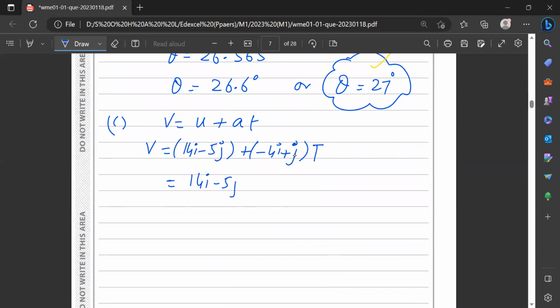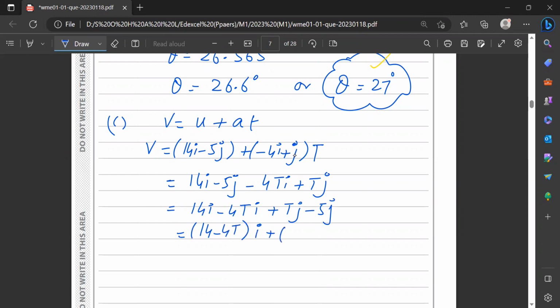14i minus 5j minus 4ti plus tj. I can rearrange them, writing all the i terms together, and plus tj minus 5j. So 14 minus 4t, if you take i common, and t minus 5 with j. So v is here.